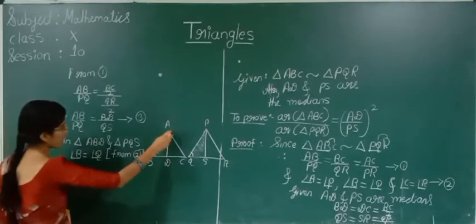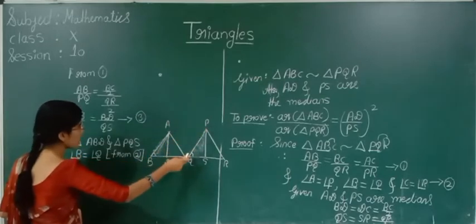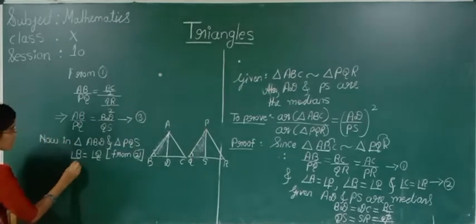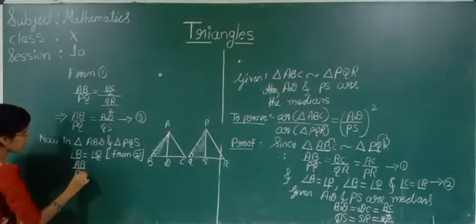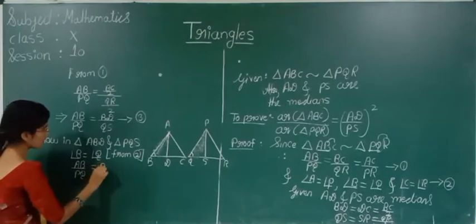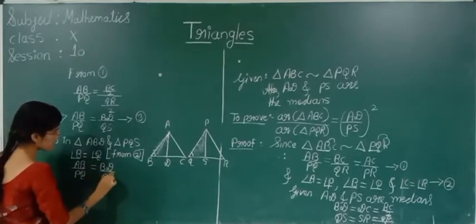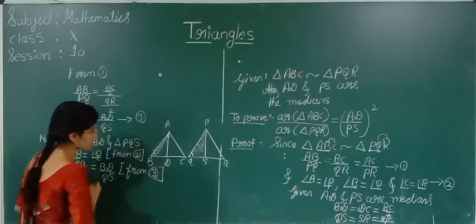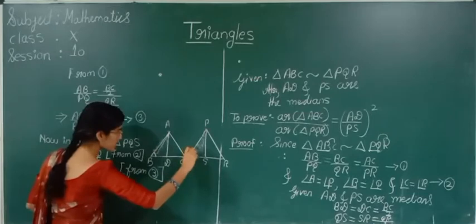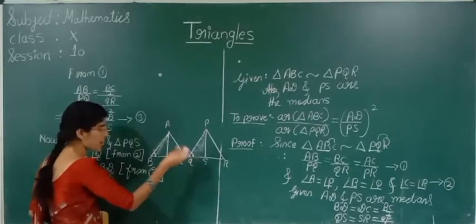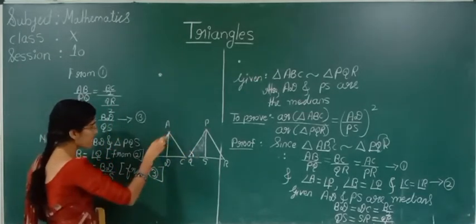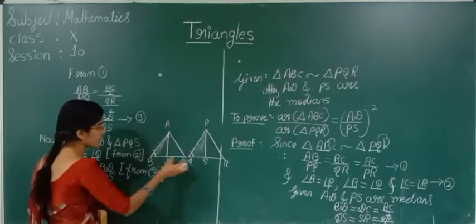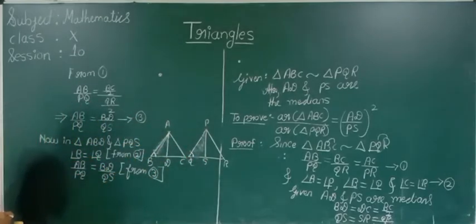Now see here, AB by PQ is equal to BD by QS from equation number 3. One angle is same, that is angle B is equal to angle Q, and the sides are in the same ratio, that is AB by PQ is equal to BD by QS, from equation number 3.